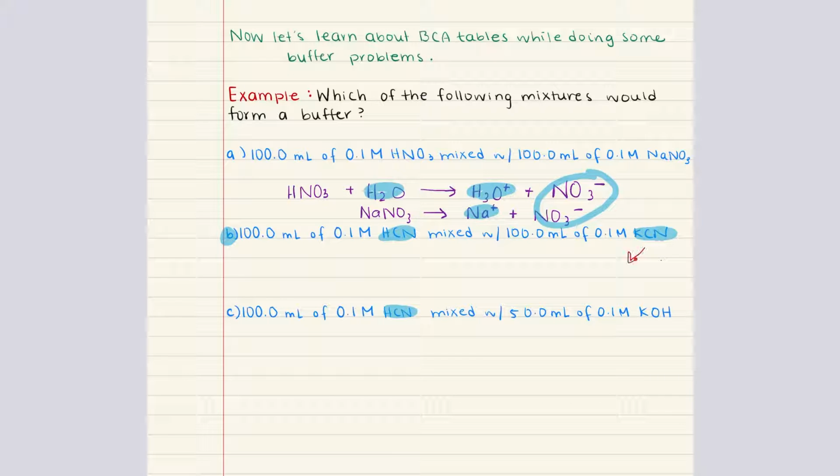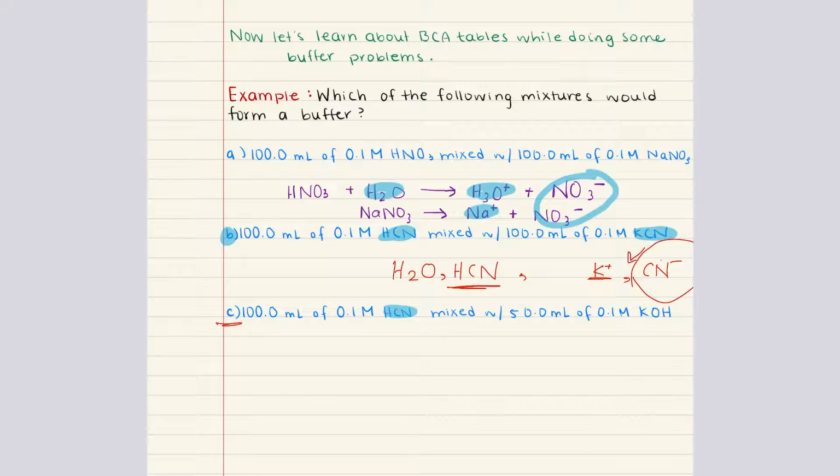So from this salt, we're going to have potassium and cyanide ions. And in solution, the major components in this mixture are going to be water, the weak acid hydrogen cyanide, potassium cations, and cyanide anions. This solution is a buffer because it contains the weak acid, hydrogen cyanide, and its weak conjugate base, cyanide ions. And so for part B, this mixture is a buffer.